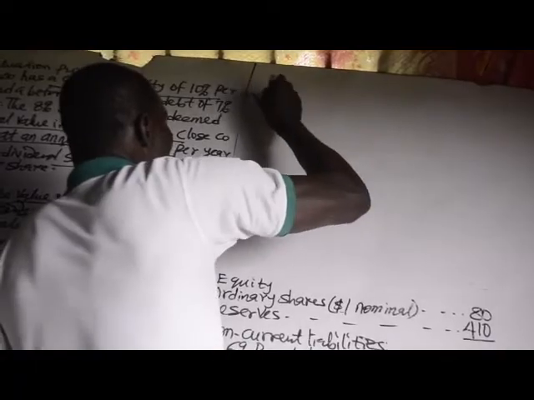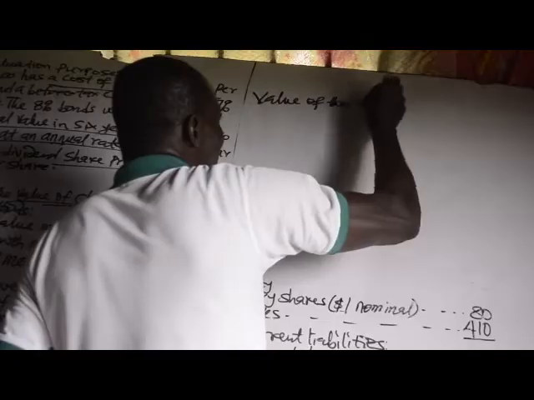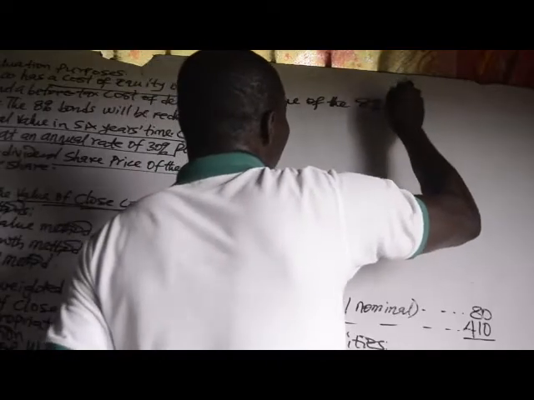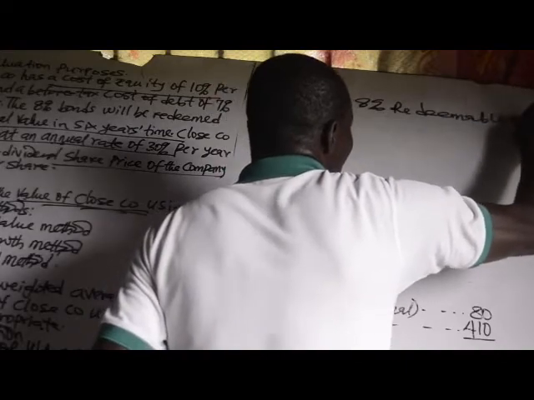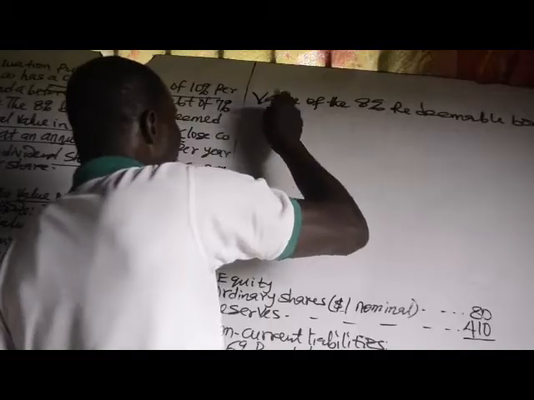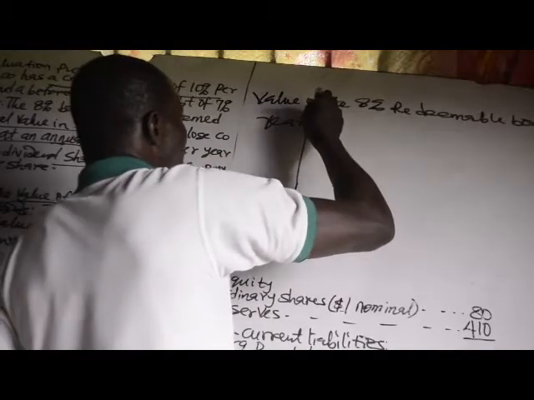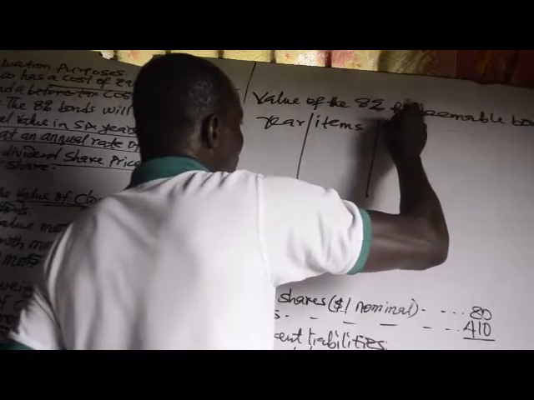To calculate the value of the 8% redeemable bonds, you calculate the present value of the bonds. So you have the year, the items, and cash flows.